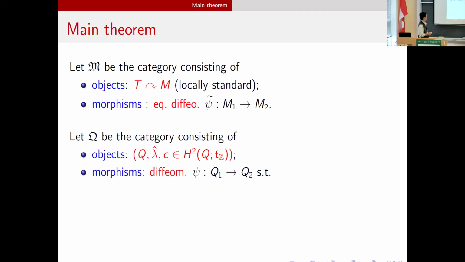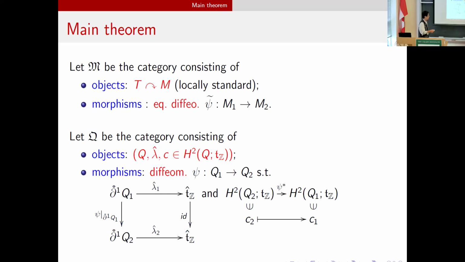Morphism is a diffeomorphism in the sense of manifolds with corners, which satisfies the following things. So this is a manifold with corners, and there is a set of the depth 1 points. If restricted to the depth 1 points, then its unimodular labeling is preserved. So this is the first assumption of this diffeomorphism.